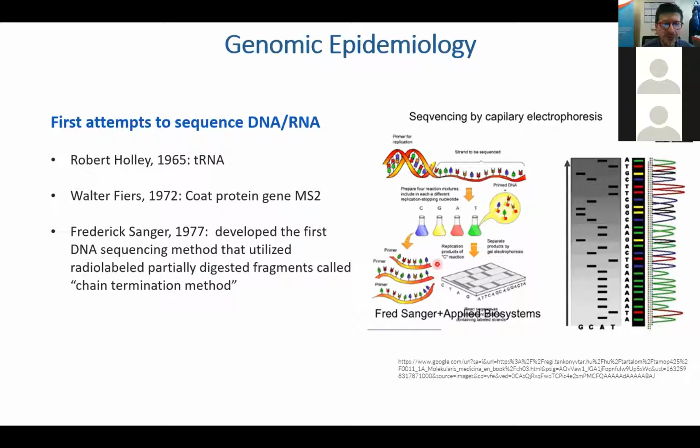For those of you who had a chance to work with those methods, marking with radioactive products, these were the first images we had of the method, known as the Sanger method.